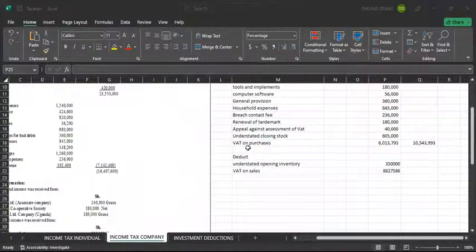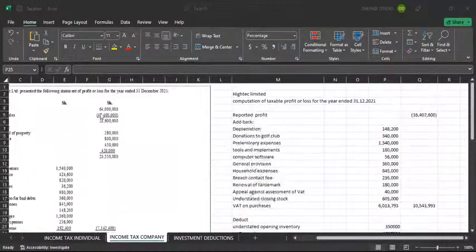Any VAT that is there should not be used to reduce or increase your taxable income. As you can see, our sales up here has VAT, which means it is exaggerating and increasing our gross profit. So we have to remove it.